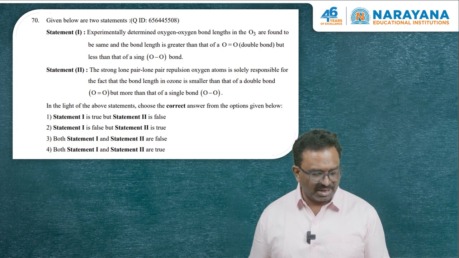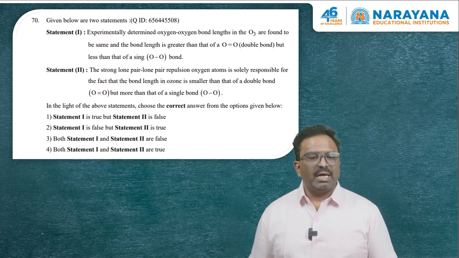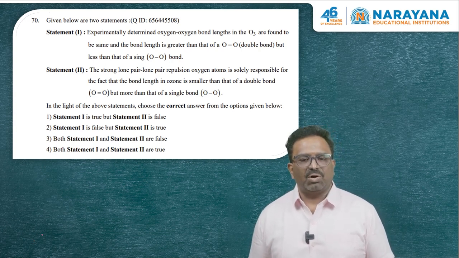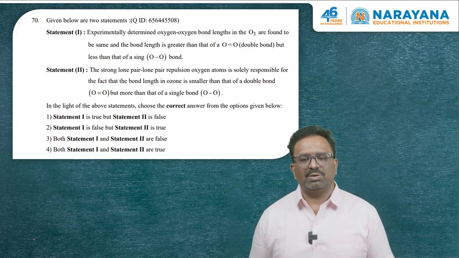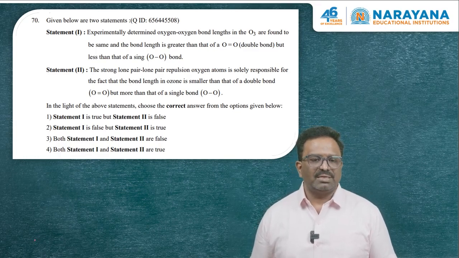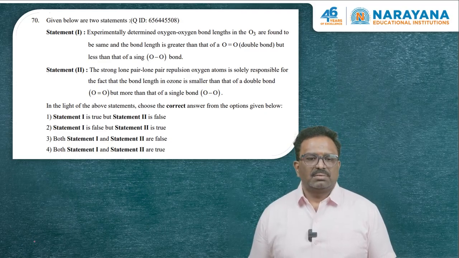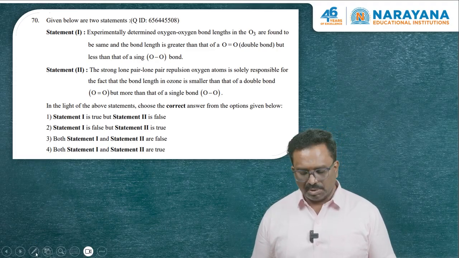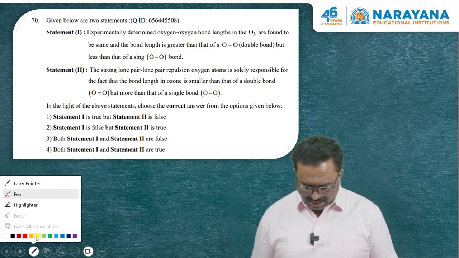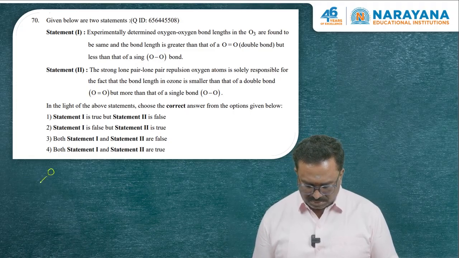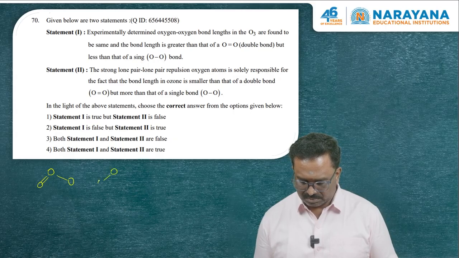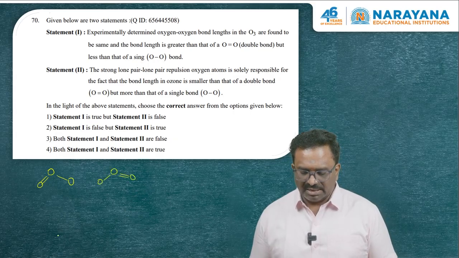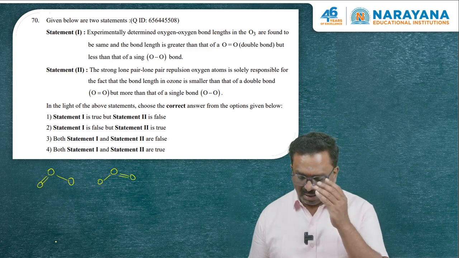Here the statement mentioned is: experimentally determined oxygen-oxygen bond lengths in O3 are found to be the same, and the bond length is greater than that of O=O but less than that of the single O-O bond length. When we observe ozone, a resonance structure is observed.